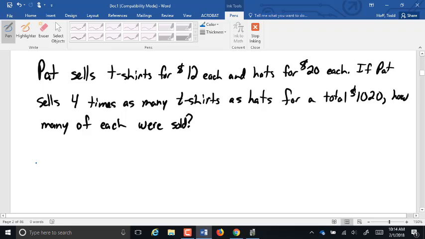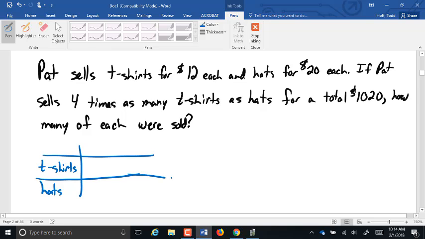So we have Pat. Oh, we're not 2 people. We have t-shirts and we have hats. And we're looking at the number sold. Do we have a relationship between the number of t-shirts sold and the number of hats sold?